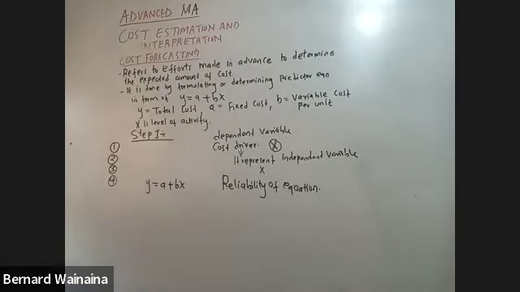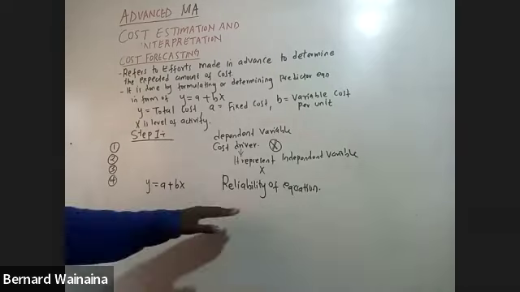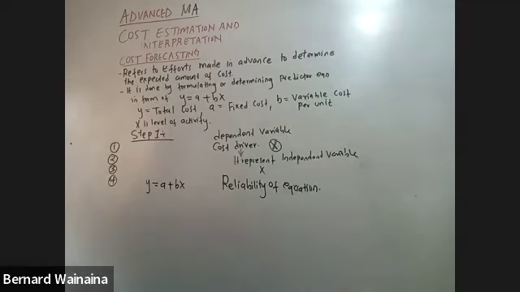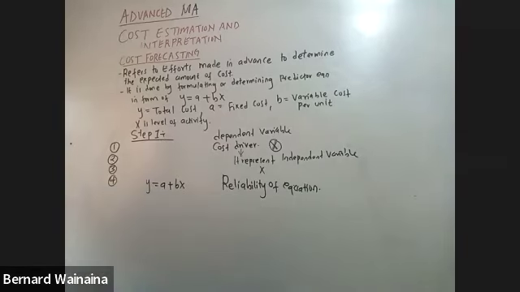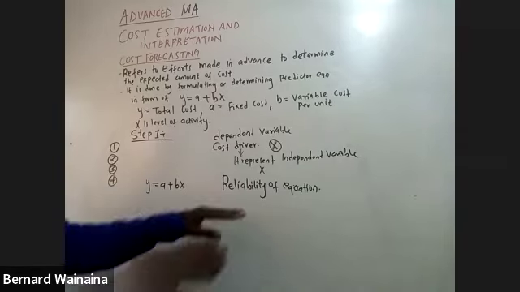When you talk about reliability, we are trying to talk about how well can we rely on that equation. Is the equation making any sense? If it is making any sense, then we can rely on the equation. We have various tests for testing reliability, which we shall do later as we progress.